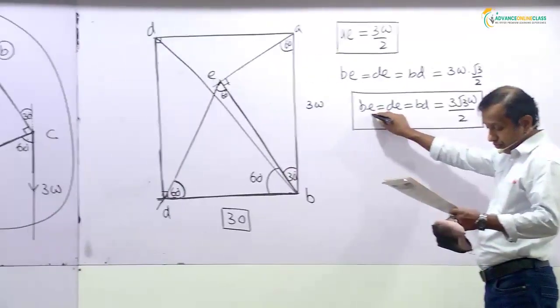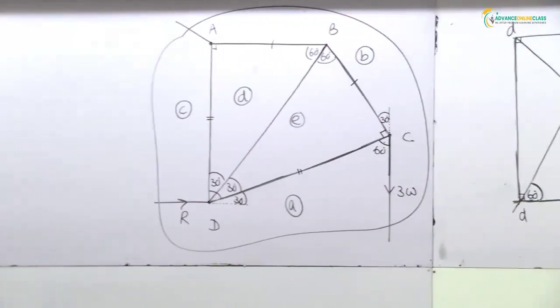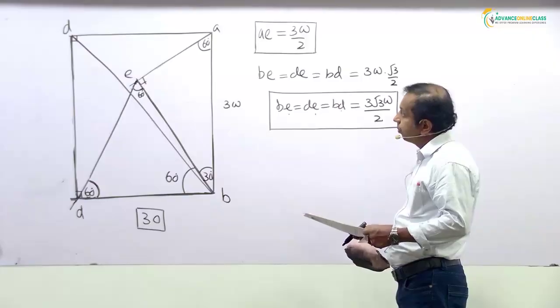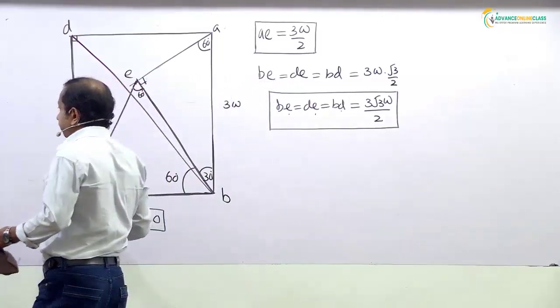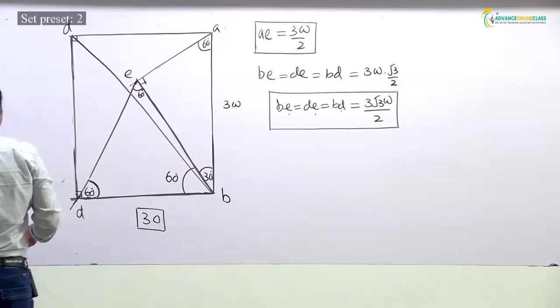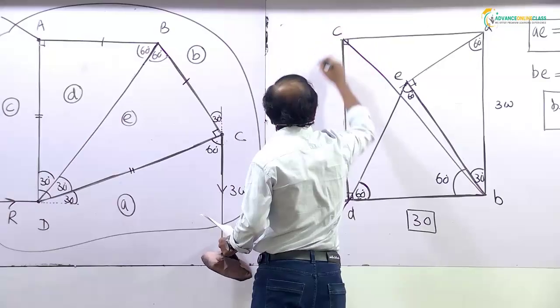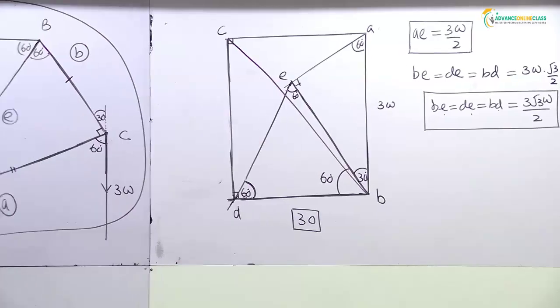BE, BD, DE. DC we have to find. What is this? I have made a mistake, no? DC is vertical. This should be C. DC vertical, CA horizontal.